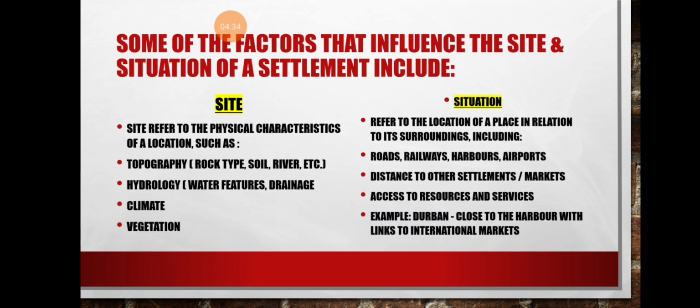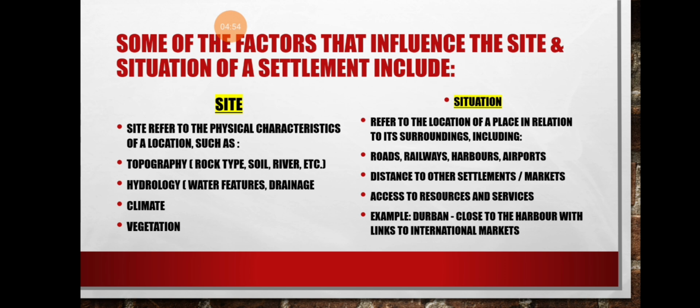Some of the factors that influence the site and situation of a settlement include the following: topography, hydrology, climate, vegetation.